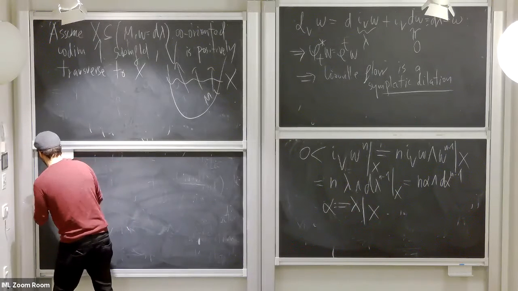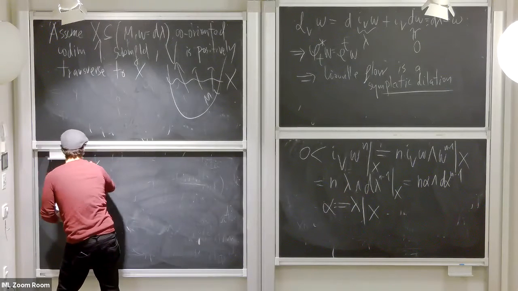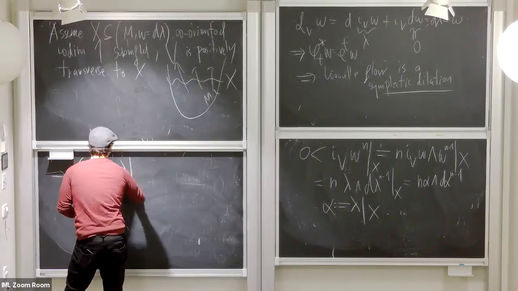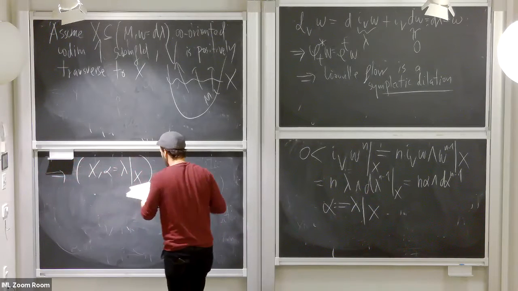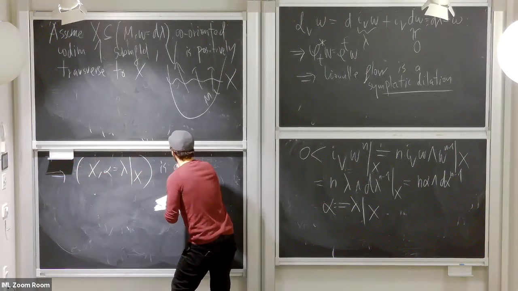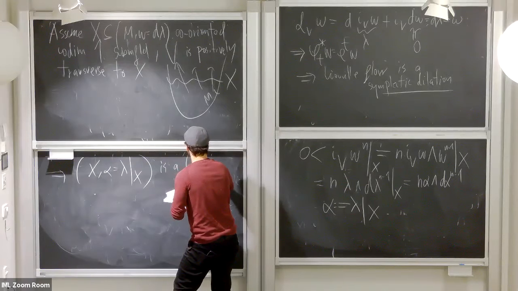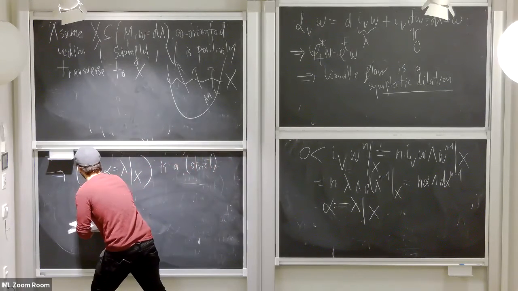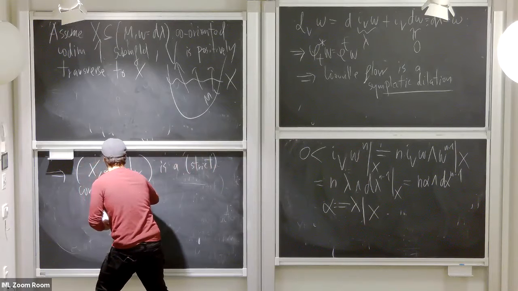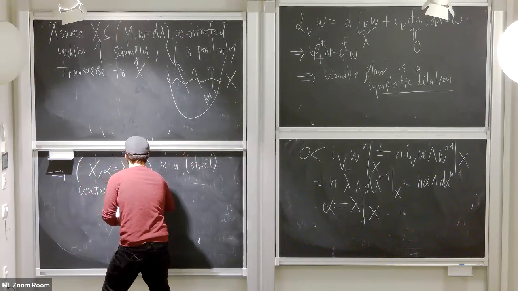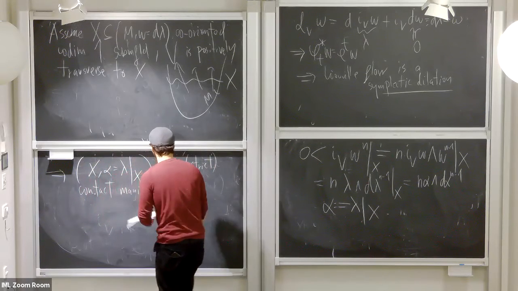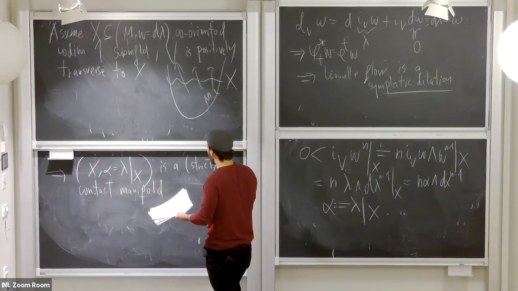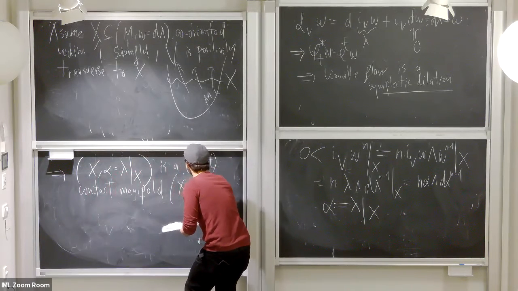So in other words, (X, alpha), where alpha is lambda restricted to X, is a strict contact manifold, because it comes with a contact form. And in this situation, one usually says that X is of contact type.